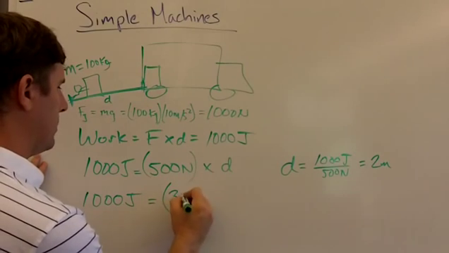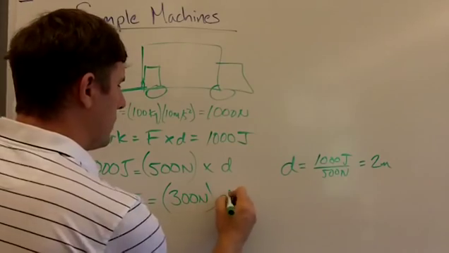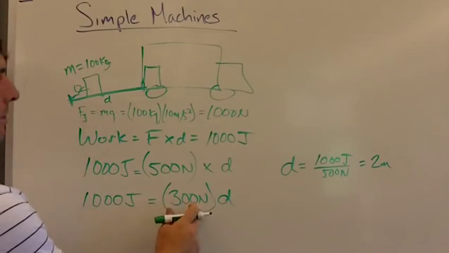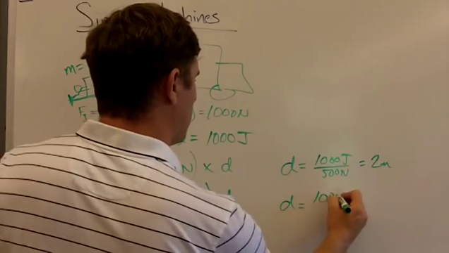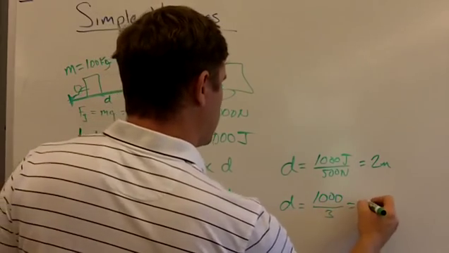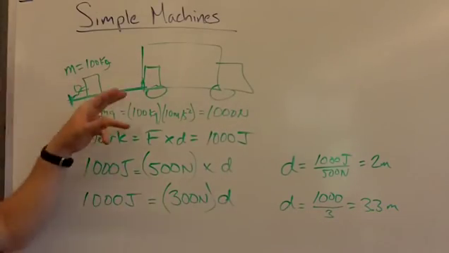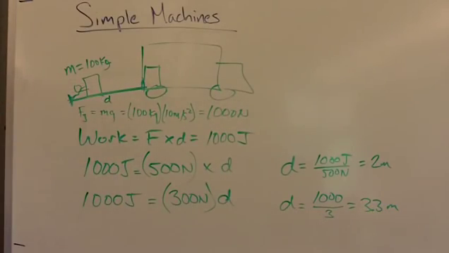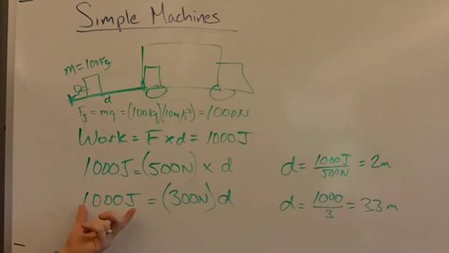But if you're only able to apply 300 newtons of force, then 1,000 equals 300d, and d equals 1,000 over 300, which is 3.3 meters long. So the ramp would need to be even longer, 3.3 meters. The longer the ramp, the less force you need, but the amount of work that you do is the same.